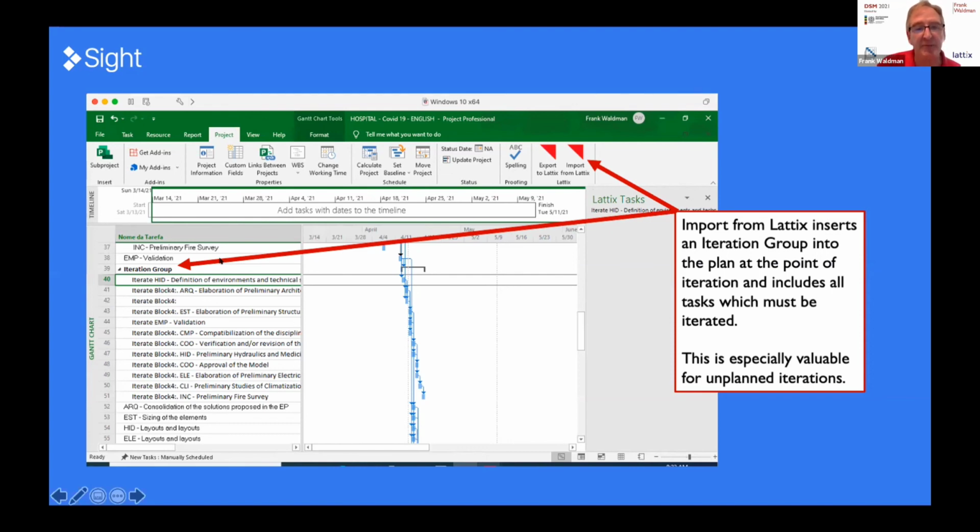And this iteration group is what gets inserted into the schedule, and what's in the iteration group is determined by the actual cycle group and the path through. So it then inserts it into the schedule and creates a predecessor to the following tasks so that it can reschedule everything. And you now have a technique for unplanned iterations, especially.